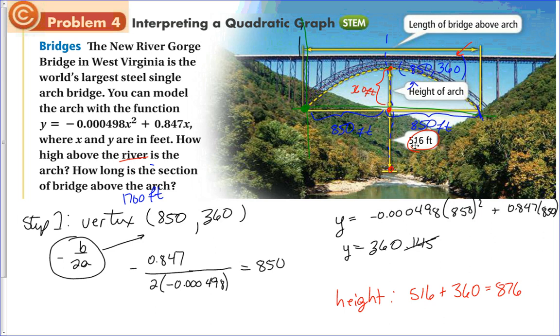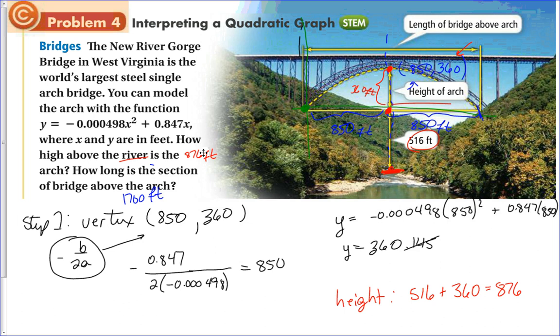Because remember, if we put this on a graph, from the x-axis to the top of our arch is 360 feet, but from the x-axis down to the river is another 516 feet. So we have to add these two together to get the total height of the arch above the river. So the total height of the arch above the river is going to be 876 feet.